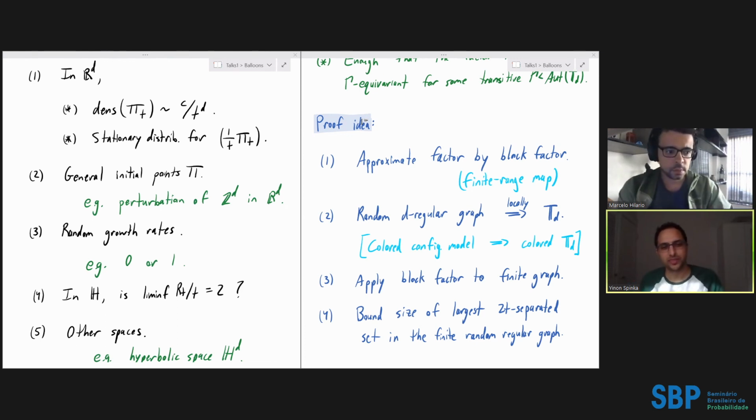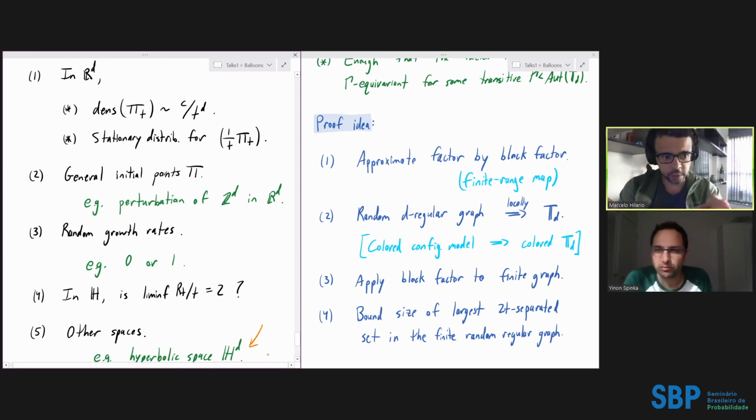Right, so for example, one space that we don't know what to do with is higher dimensional hyperbolic space. This is because we don't know how to embed a tree there, and then you would really need to do the arguments directly on that space. And so we're not sure how to do that.